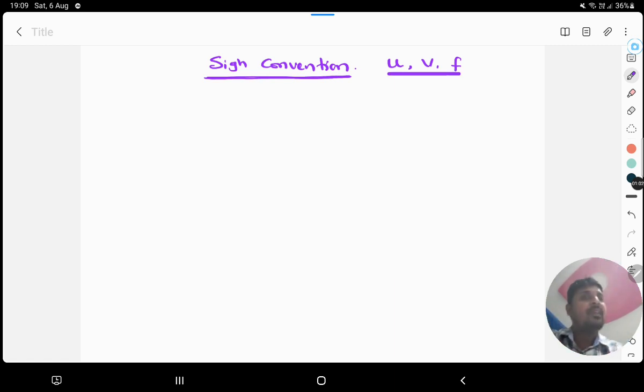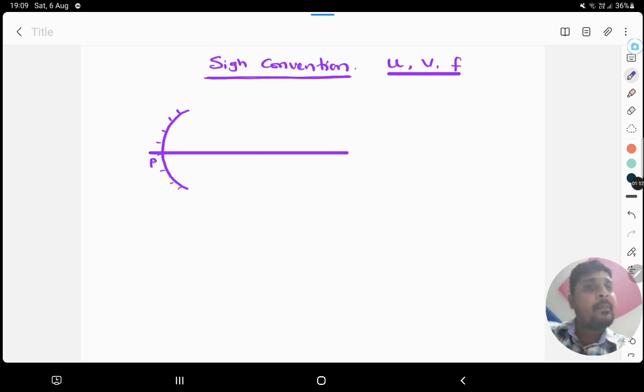So let me tell you one thing. In the case of a concave mirror, this is P, F, C. Now this distance is what we call F, and let us assume that I placed the object here. Then this distance is what we call U, and let us assume that the image has been formed here.